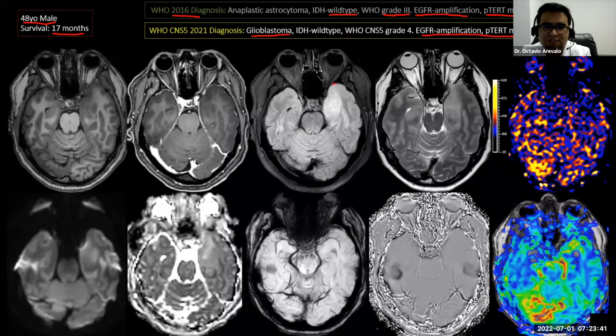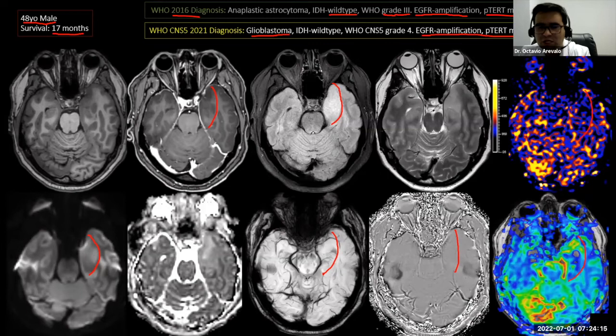This is the axial FLAIR, you see this mass-like T2 FLAIR hyperintensity at the medial temporal lobe that did not show any enhancement or necrosis by imaging at all.